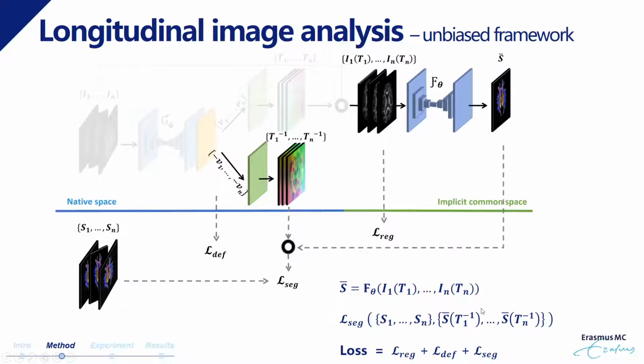Third, during a simultaneous optimization of the segmentation and registration, the way we formulate the segmentation loss term, LSEG, in image native space can optimize the inverse transformations as well.